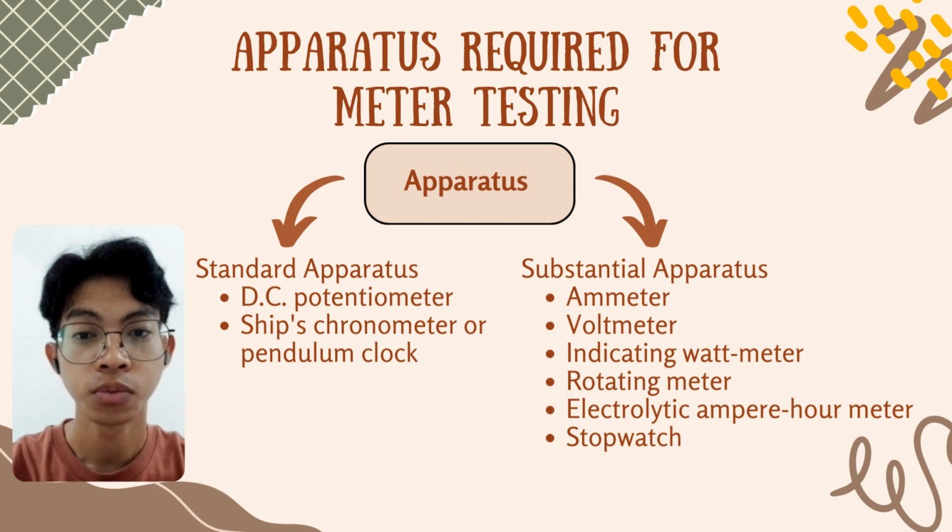Additionally, substandard equipment such as an ammeter for current measurement, a voltmeter for voltage assessment, an indicating wattmeter to gauge power consumption, a rotating meter likely measuring RPM, and an electrolytic ampere-hour meter for quantifying total electricity usage.